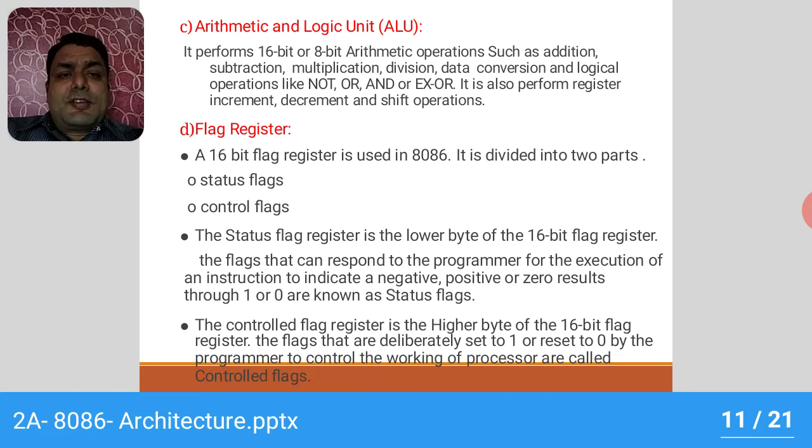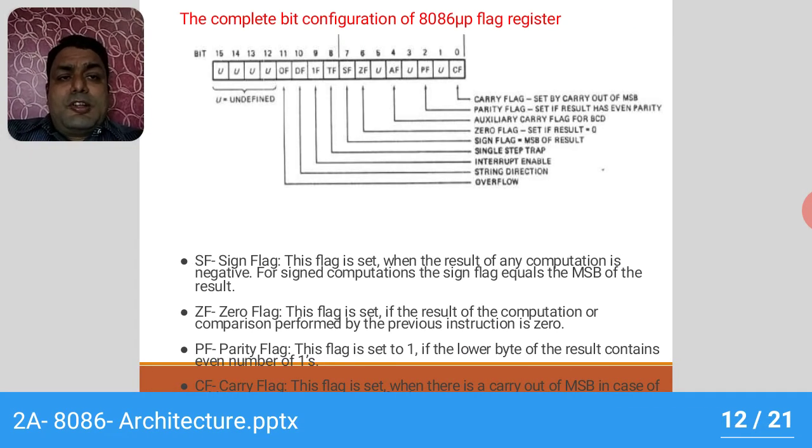The flag register has 16-bit capacity in 8086. It contains status flags and control flags, as we discussed earlier. This is the complete bit configuration of 8086. It contains carry flag, parity flag, auxiliary carry, zero flag, sign flag, trap flag, interrupt enable, string direction and overflow.